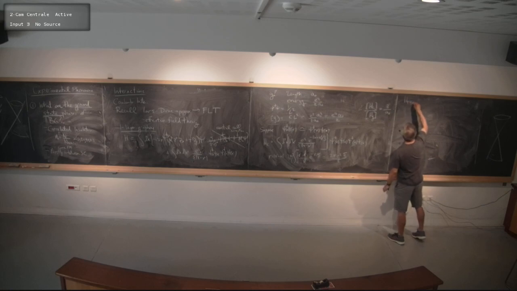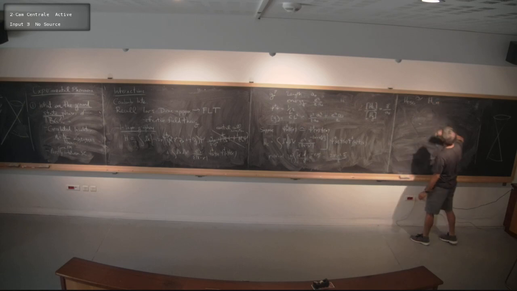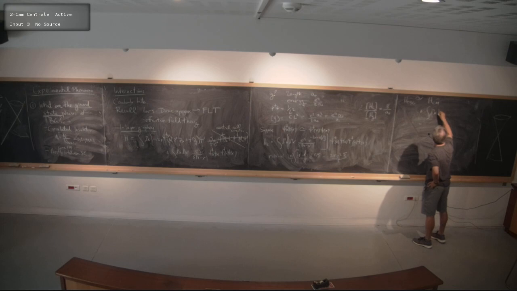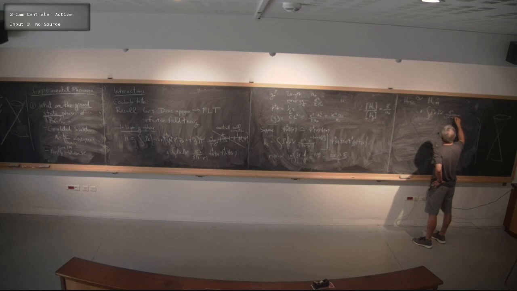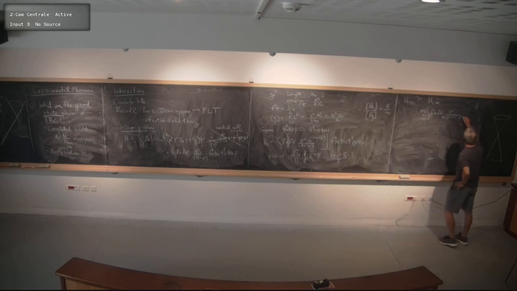So we know that our Hamiltonian for twisted bilayer graphene should be something like the continuum model plus just Coulomb interactions. If I take Coulomb interactions, it could be a little more complicated because I have to consider both layers. There's probably a half here somewhere, and there'll be some screening length.